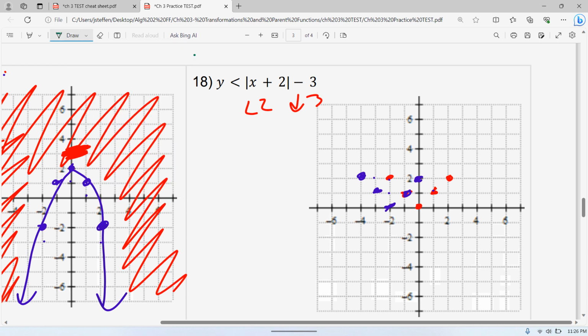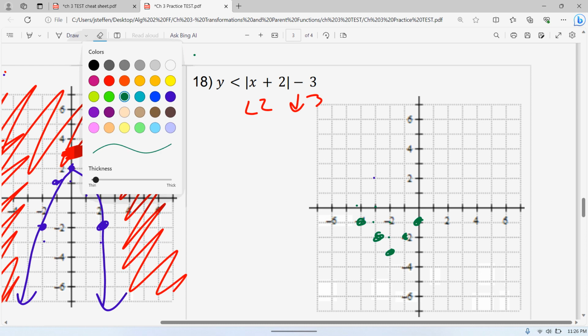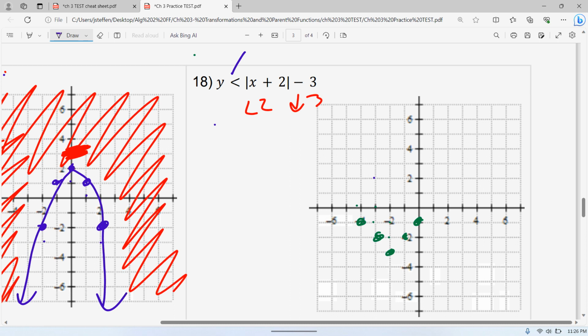Now we're going to graph, and honestly this first one isn't too bad, but we're getting into graphing absolute values like we did in the last lesson. The way we did this in the last lesson is we start here, go left 1, 2, 3, 4, 5, and down 1, 2.